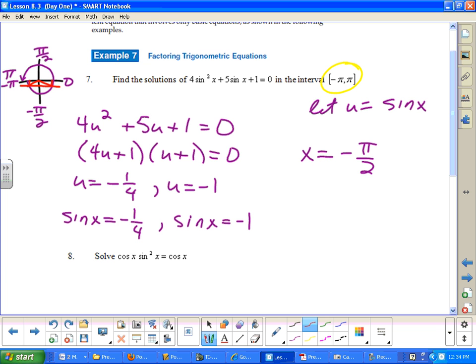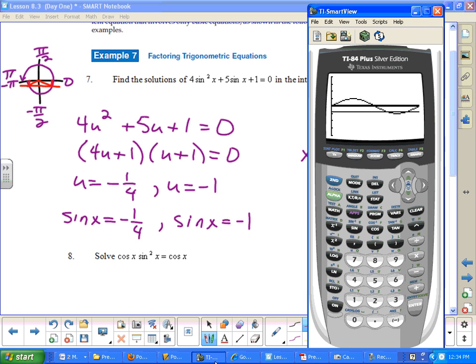So then we have to figure out what they are. So I'm going to need to use my calculator to find that reference angle that I can utilize to get those two answers. So take our calculator, and we will do the inverse sine of negative 0.25. And that's a really nice angle.